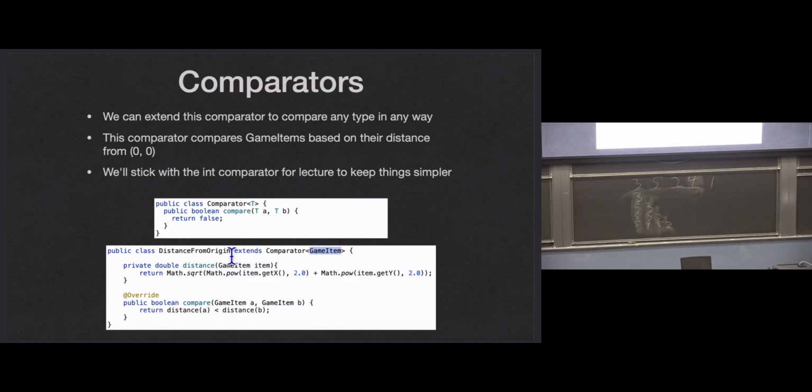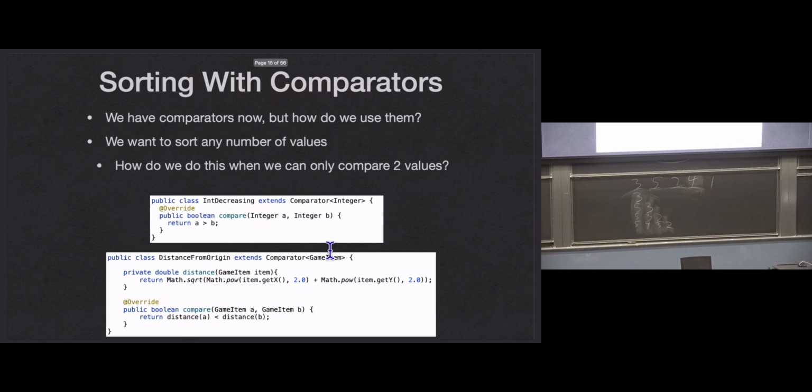I can take a type parameter here and say extends comparator of T, and then have these still be a generic type T and leave it up to somebody else to specify the type. I could do something like that, but the way I'm using the comparator is I'm extending the comparator and then specifying what T is in this class. In the distance from origin class, T is game item. So wherever T comes up, including the method that I'm overriding, T has to be game item because it has to match the type parameter.